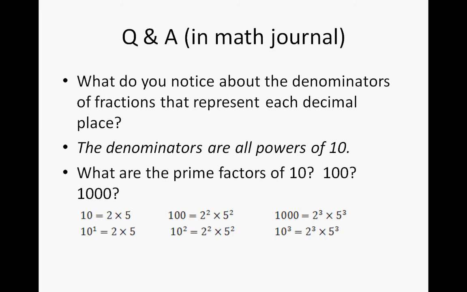Well, 100 is 2 times 2 times 5 times 5, which is 10 to the second power. Notice the pattern there. And the third one, 1,000, is 2 times 2 times 2 times 5 times 5 times 5. Well, 1,000 is 10 to the third power, and notice that we have 2 to the third power and 5 to the third power.